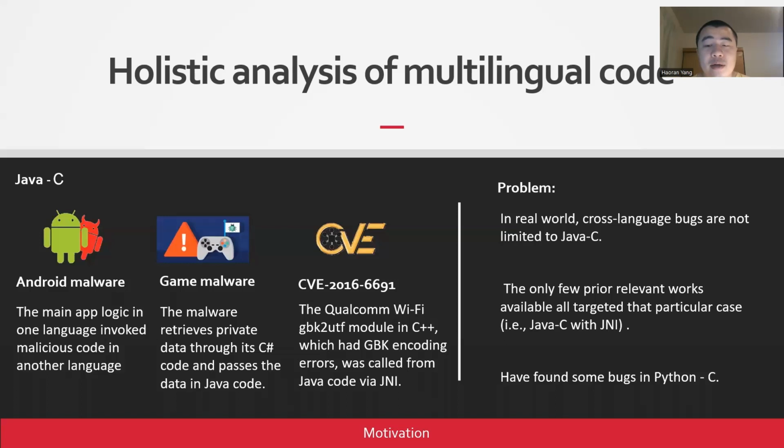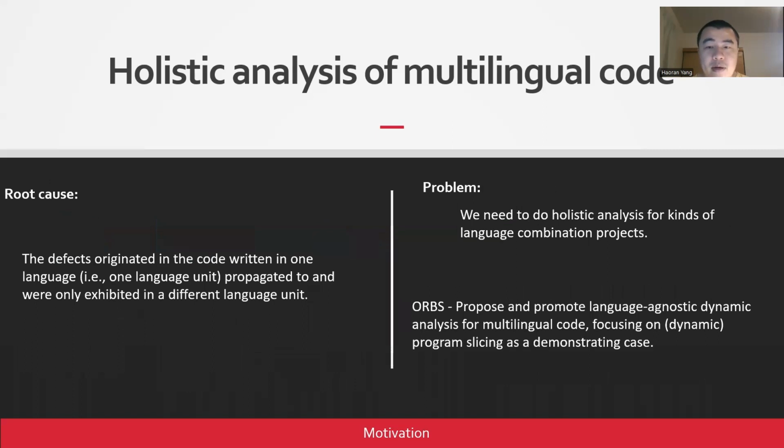Besides, the relevant work has also found bugs in other language combinations, for example, Python and C. Through the example we showed in the last slide, it is clear that the root cause is that the defects originated in the code written in one language only manifest themselves in another language unit.